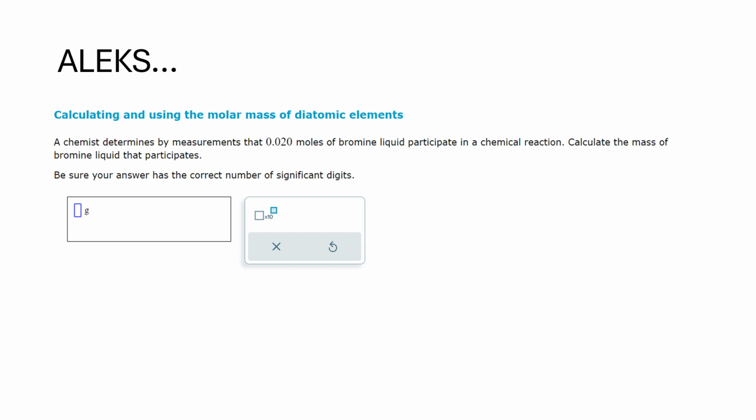Here, we have this many moles of bromine. How do we calculate mass? When you go from moles to mass, you multiply by molar mass. Now you can practice these on Alex, but bromine, remember, is a diatomic, and the bottom number on bromine is 79.90.